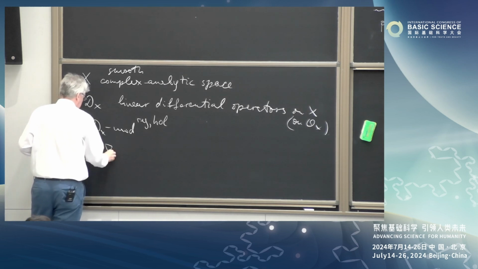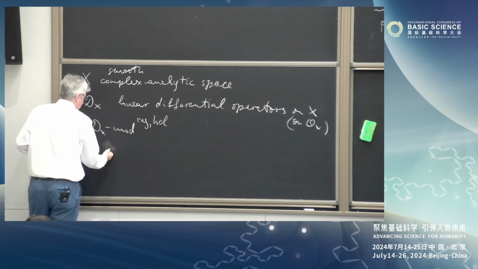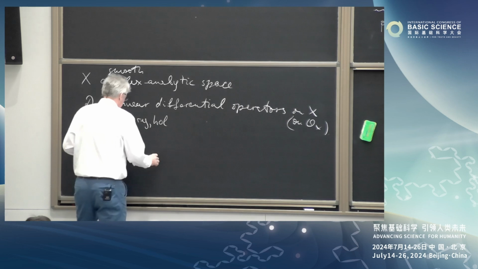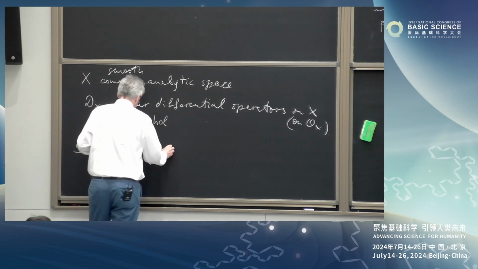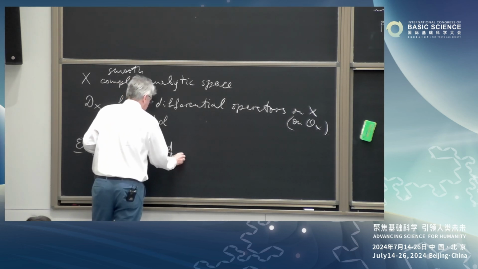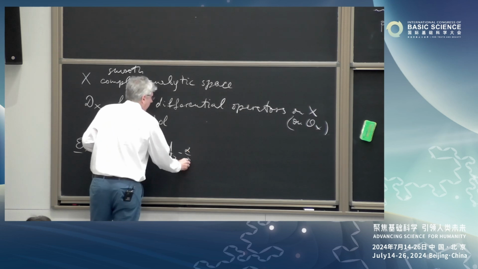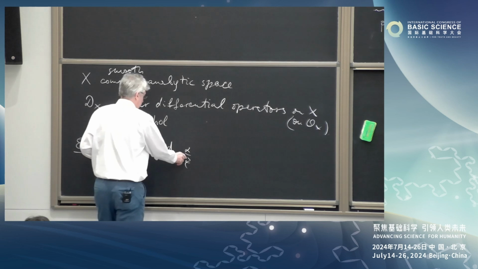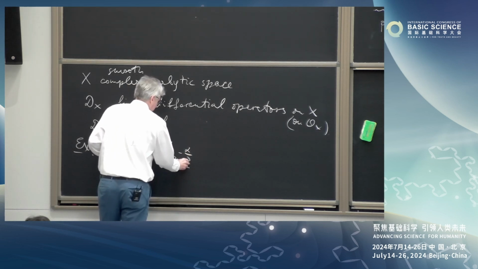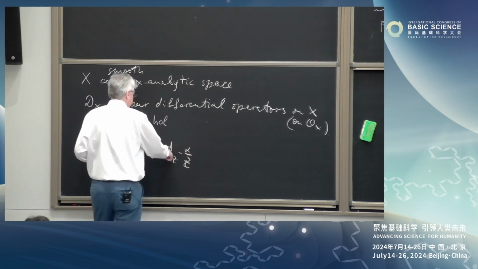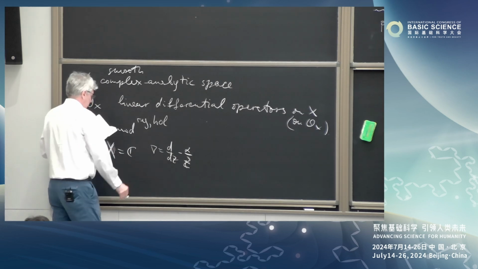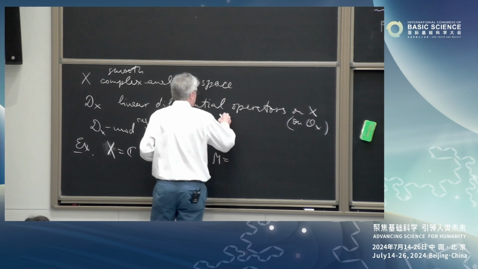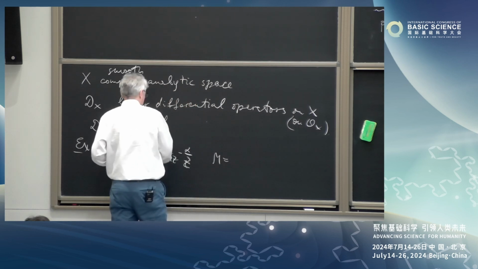The one is, say, assume X is just a complex line, C, and nabla is a differential operator of this form. This is a linear differential operator on holomorphic functions because you can multiply by this guy and differentiate by z, and then take the difference. So M is the corresponding D-module.